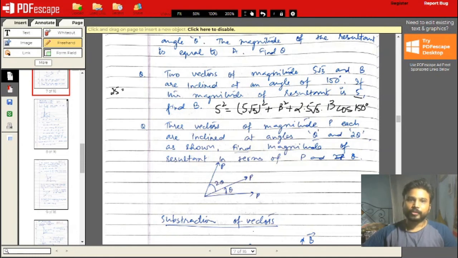25 is equal to 5 root 3 square, that is 75, plus b square. Cos 150 is minus root 3 upon 2, so this would become minus 50.